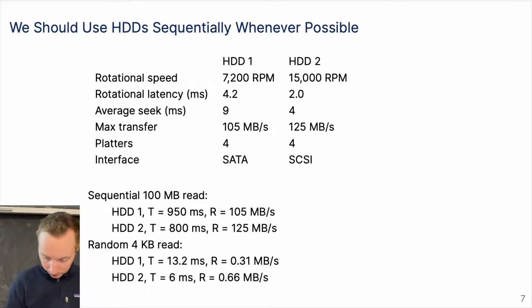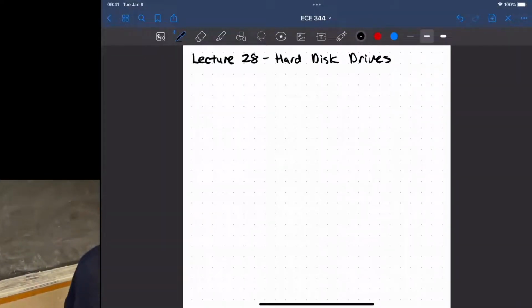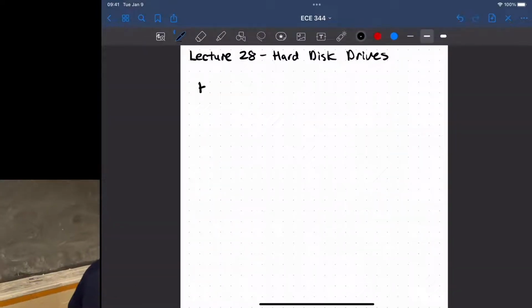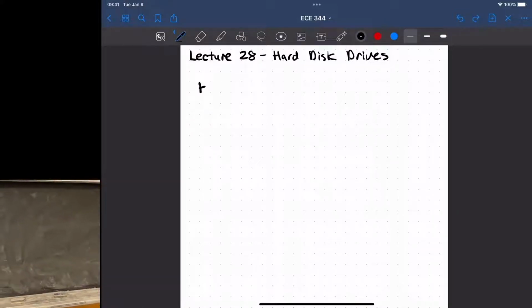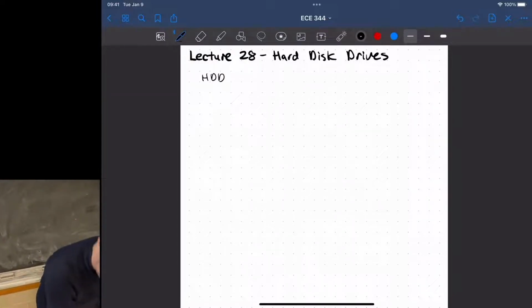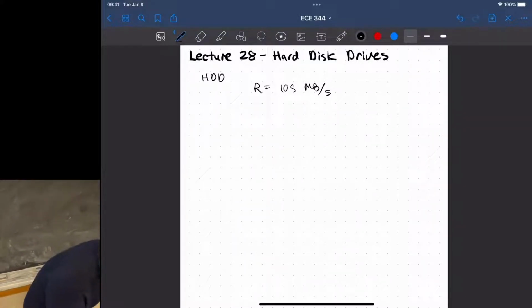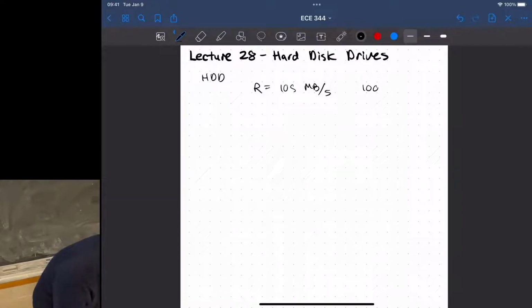Yeah, so for hard drive 1, I'm just assuming that the rate is 105 megabytes a second. And then I know I'm transferring 100 megabytes.